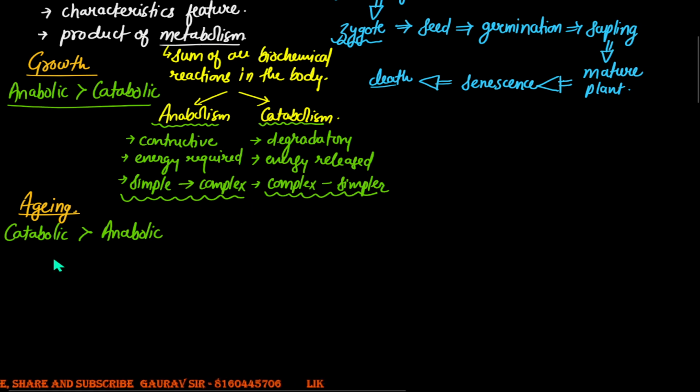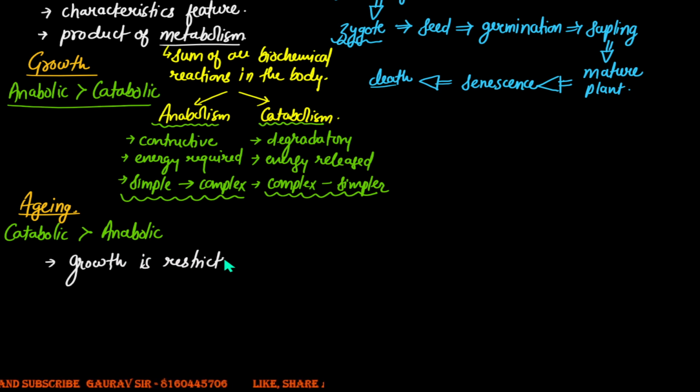Now, in case of plants, the growth is restricted to the tips. Not all plants or all parts of the plants have the ability to grow. It is restricted to the shoot and the root tips.